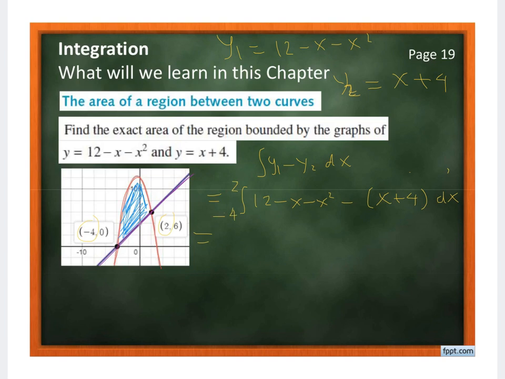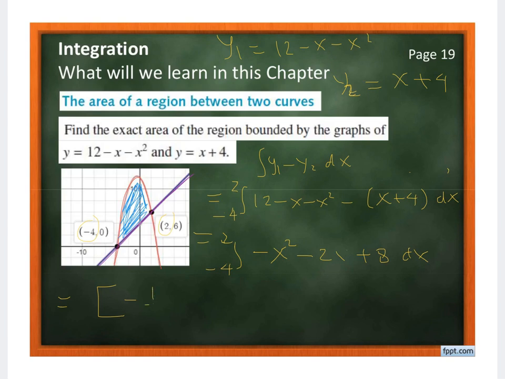So the antiderivative from negative 4 to 2 of negative x squared minus 2x plus 8 dx.